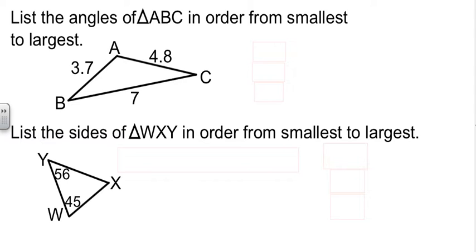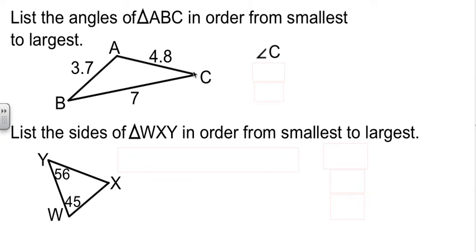So our job here is to list the angles of this triangle in order from smallest to largest. Okay. Well, first we need to figure out where the smallest side is. Which one of these three is the smallest side? 3.7 is the smallest, so AB is the smallest side. Which angle is across from that side is angle C. So angle C is the smallest of the angles.